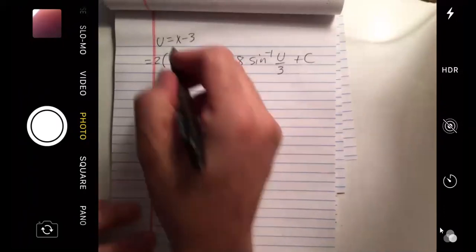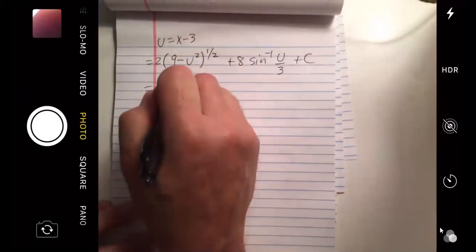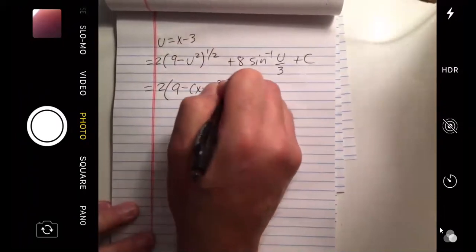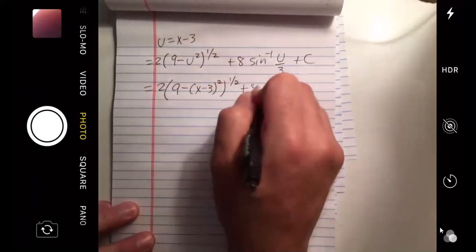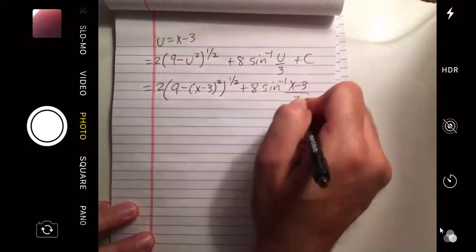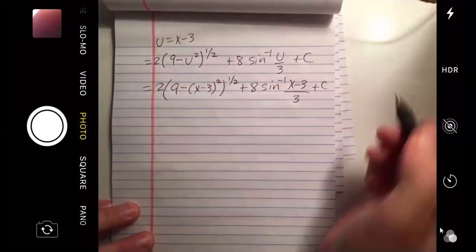Double check that is what I had. Yep. And finally, putting back that u, which is x minus 3: 2 times 9 minus (x minus 3) squared to the 1/2, add 8 arc sine of (x minus 3) divided by 3 plus c.